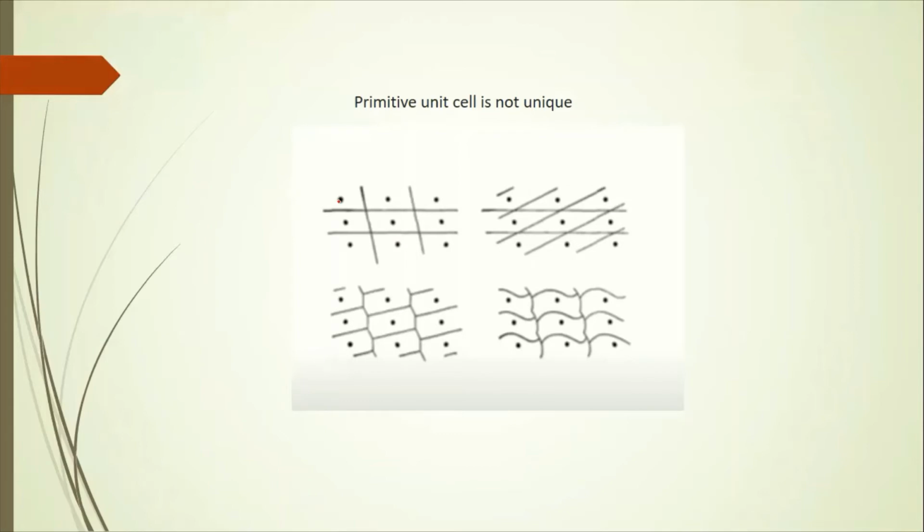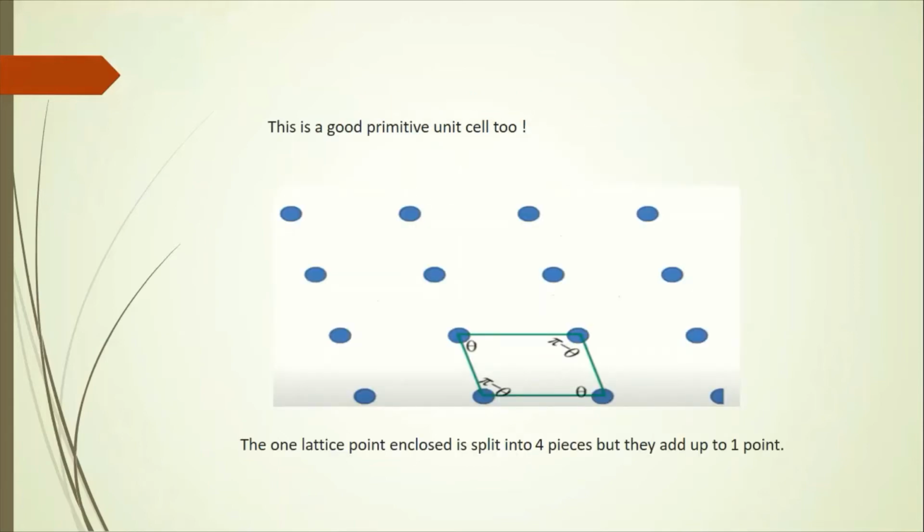Now we go to the next slide. We have a grain shape in this slide. If we look at this shape, in this area there is a point in the lattice.